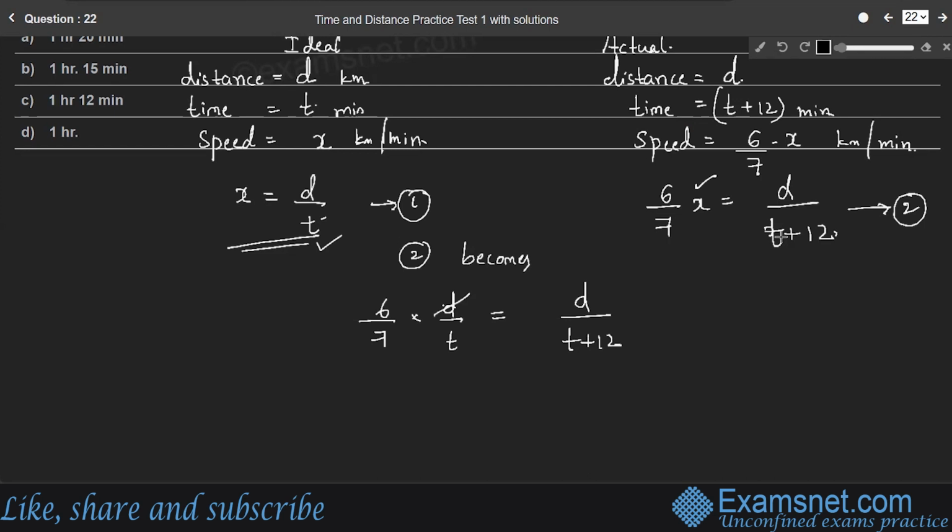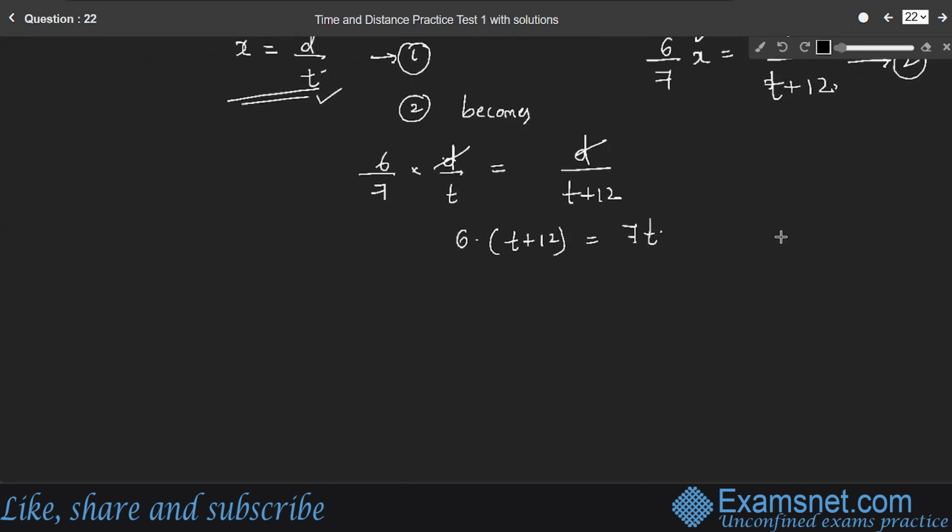So we can cancel d and d here. So we have 6 into t plus 12 is equal to 7t. Therefore, 6t plus 72 is equal to 7t.